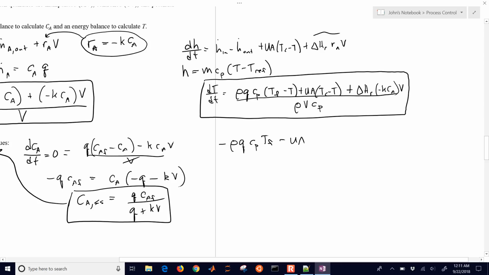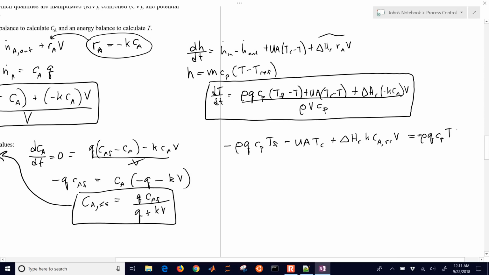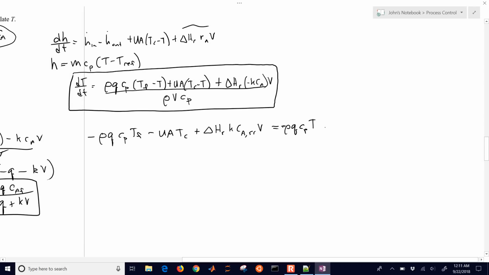And then I'm also going to have UA times TC on the other side. And then that's going to turn into a positive. And I can plug in the steady state value there for CA. And then on the right hand side, I'm going to have the rest of the terms that involve T. Okay, let me move this over just a little bit.